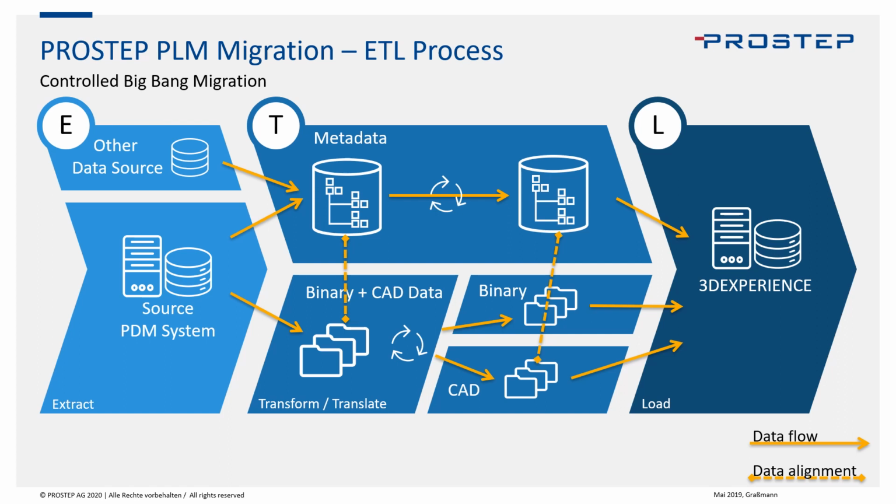And then with that, also run the transforms if there is any translation on the binary data and the CAD data. Generate PDFs or JT, CGR, CreoView, other things like that. And then load the data on the right-hand side with those arrows.